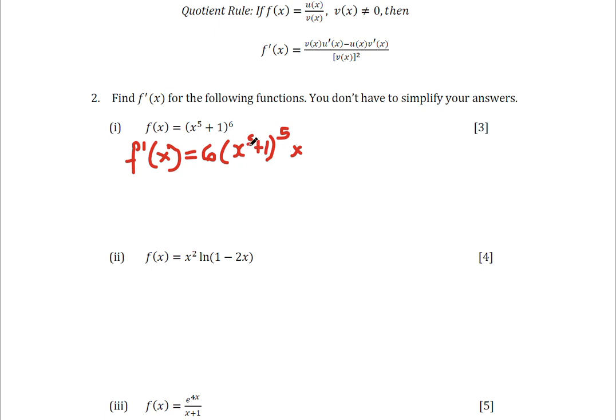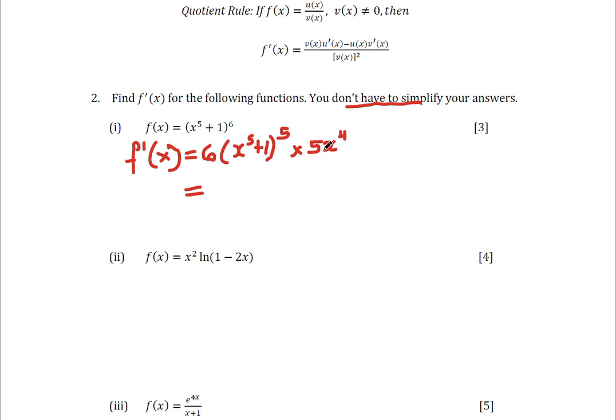When we differentiate x to the fifth, applying the power rule principle, we will get 5x raised to the power of 4. The power of 5 comes down to the front of the x, and we subtract 1 from that original power of 5, giving us 5x to the fourth power. Since the question says we do not have to simplify the answer, we could have stopped there. However, I'm going to go a step further by multiplying the terms that are not inside the bracket here.